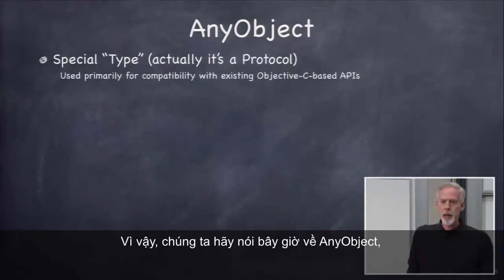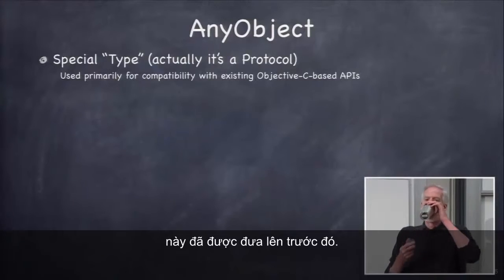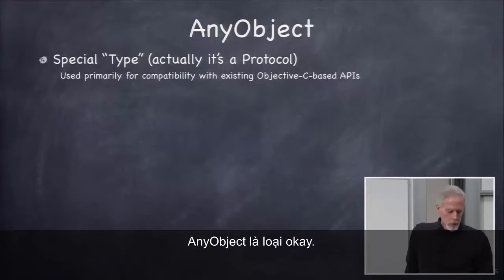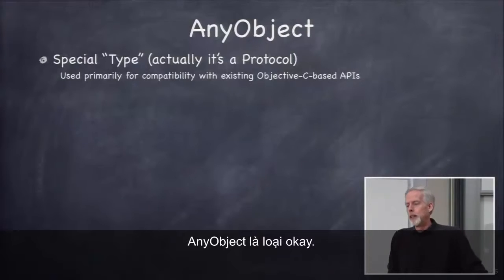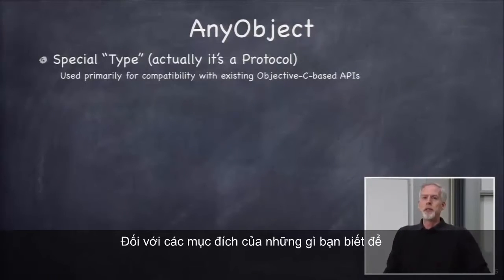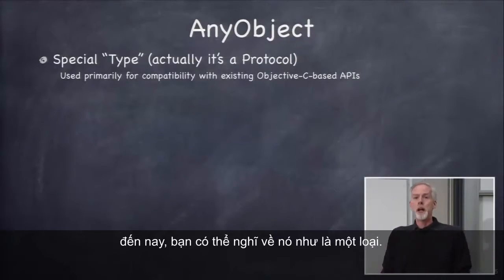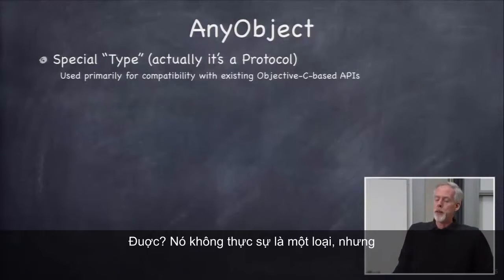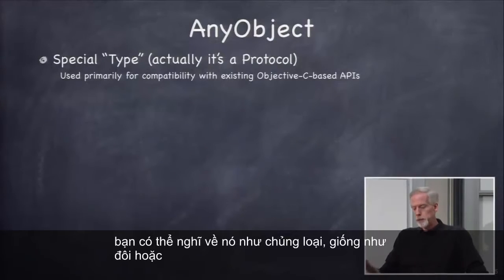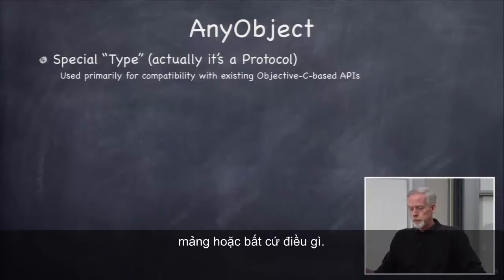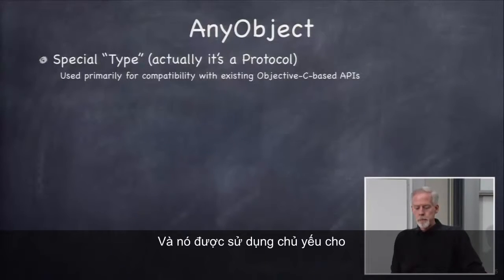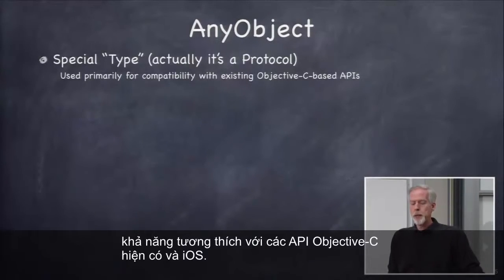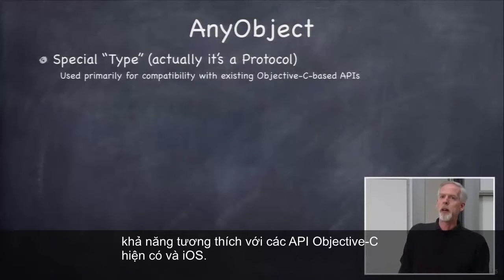Okay, so now let's talk about AnyObject. This was brought up earlier. For the purposes of what you know so far, you can think of it as a type. Okay, it's not really a type, but you can think of it as a type, like Double or Array or whatever. And it's used primarily for compatibility with existing Objective-C APIs in iOS.